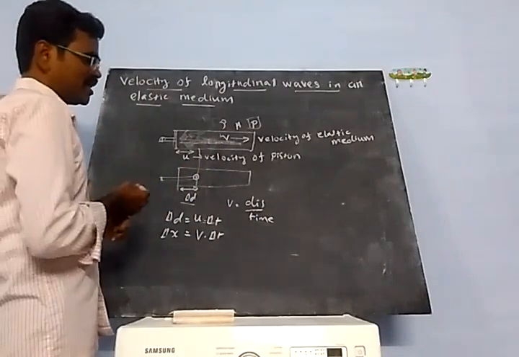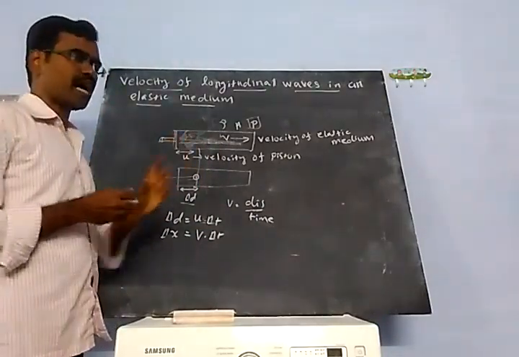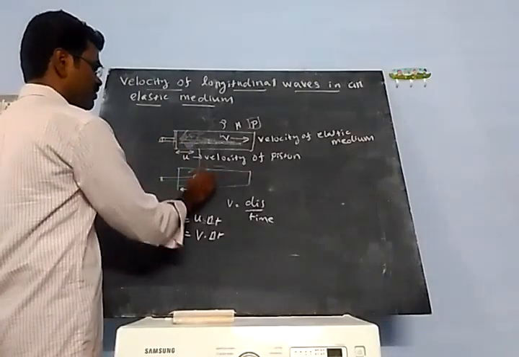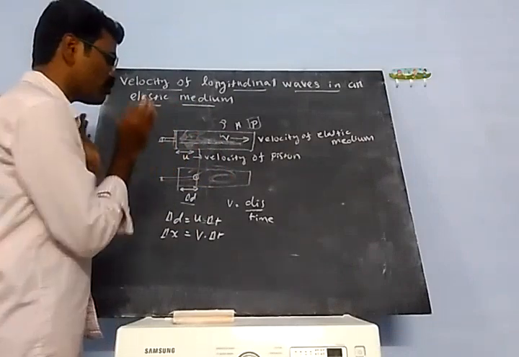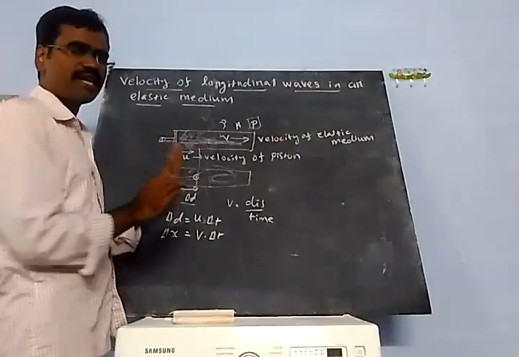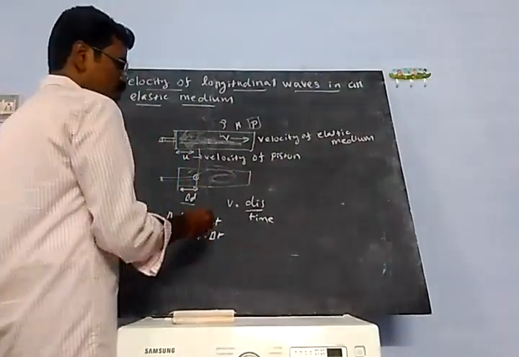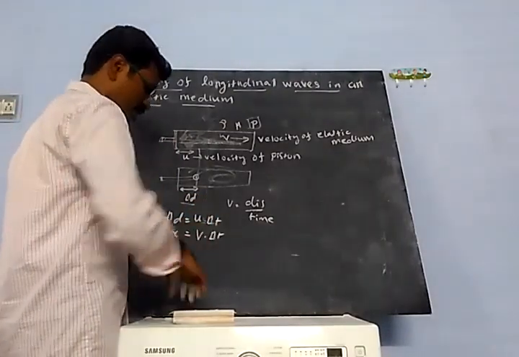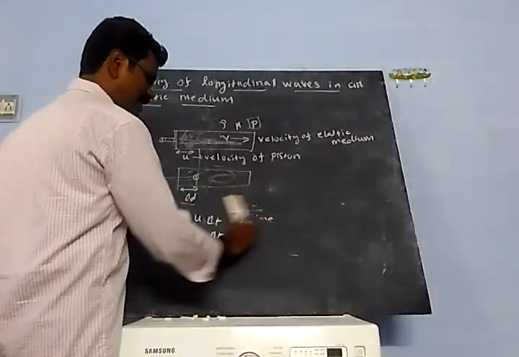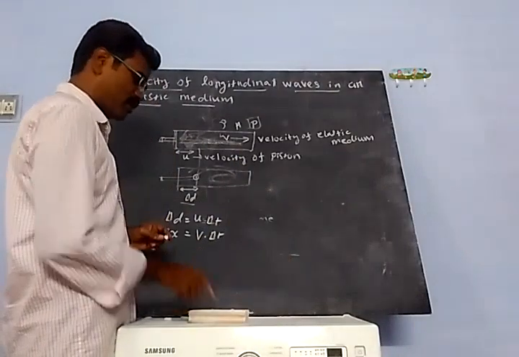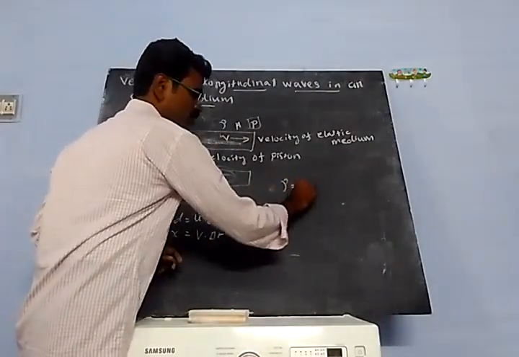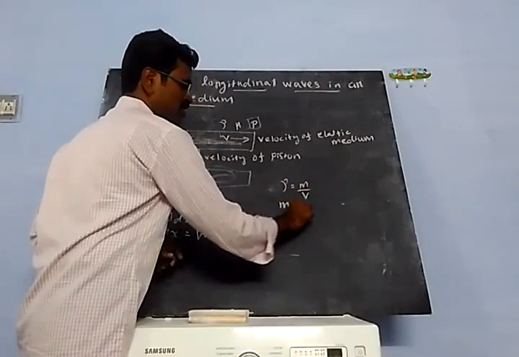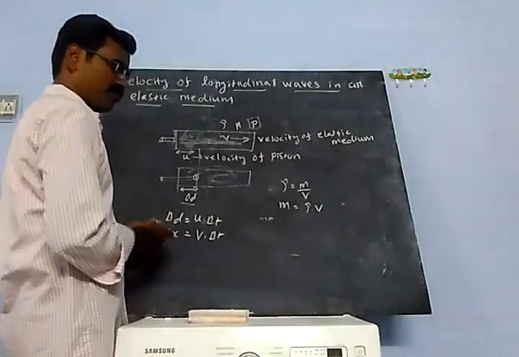Next I am going to calculate the mass of the medium, the liquid or air. Density is equal to mass per volume, so mass equals density into volume.